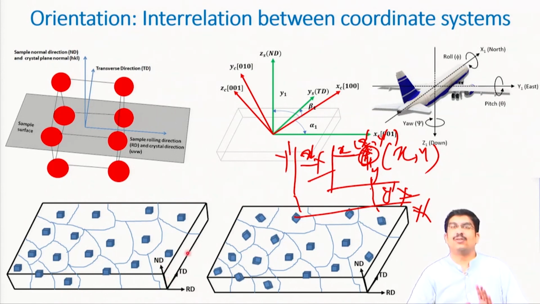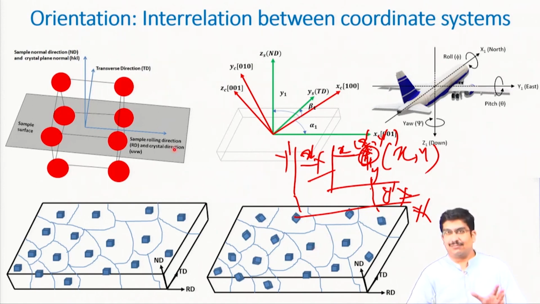That will give you the orientation or texture, that is what we call. So, this is one type of material where all the grains have a similar kind of orientation. These unit cells show that all the grains have similar orientation, whereas this is one material where different grains have different orientations. So, this one is textured, this one is not so much textured.